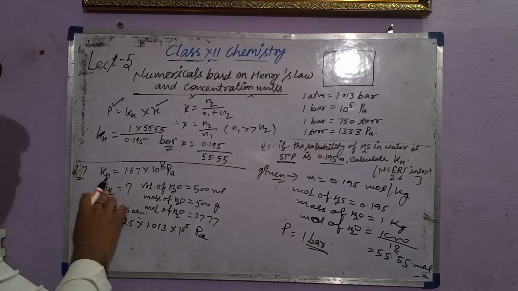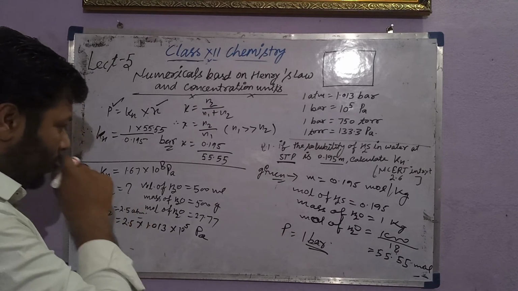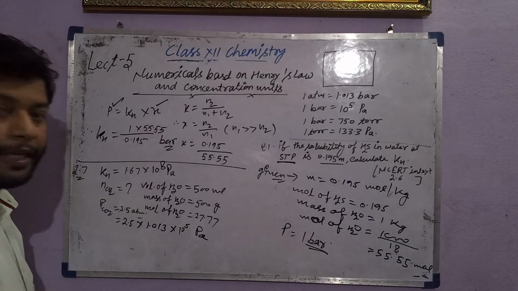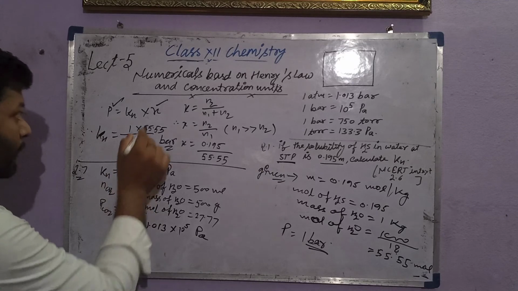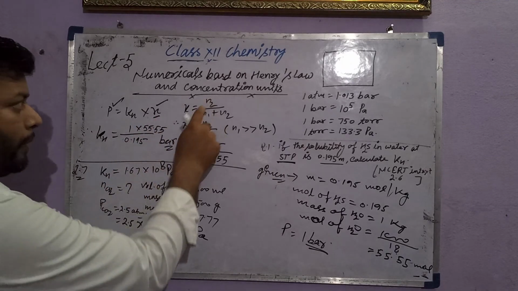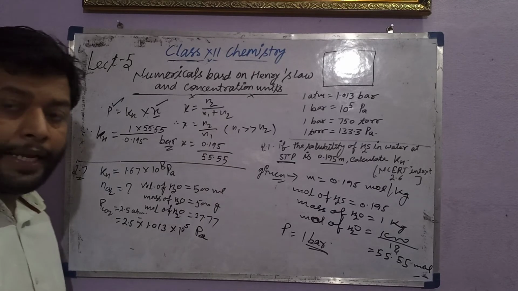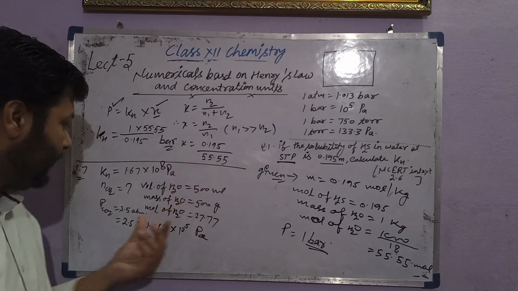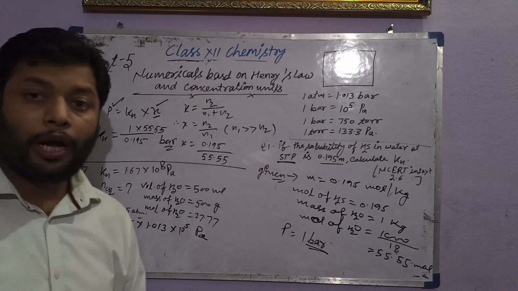Now the formula is P equals KH into X. You have to calculate X. X means N2 upon N1 plus N2. But the moles of solvent is very high compared to the moles of solute. How do I know?